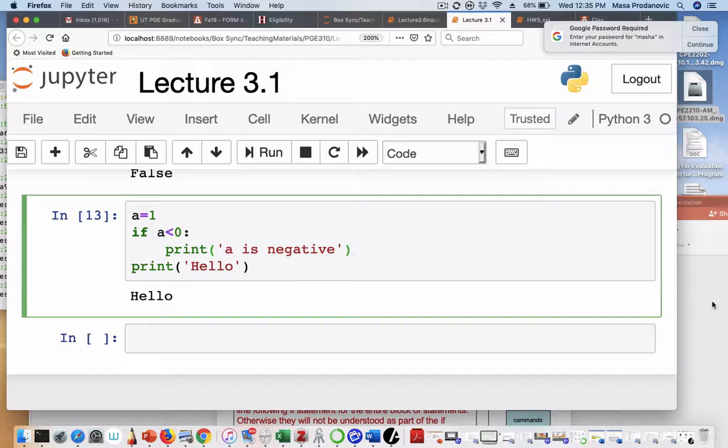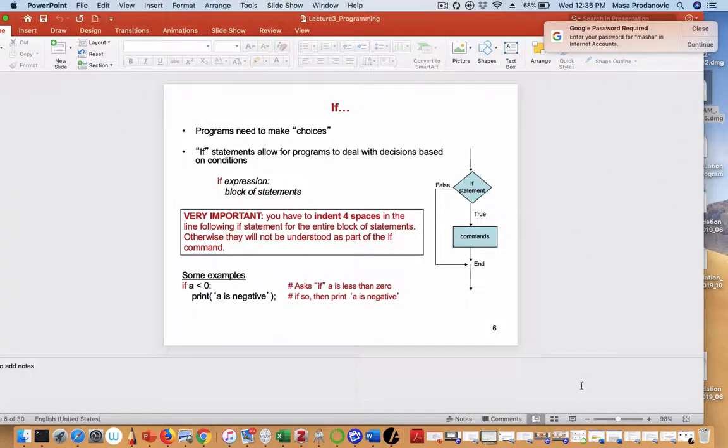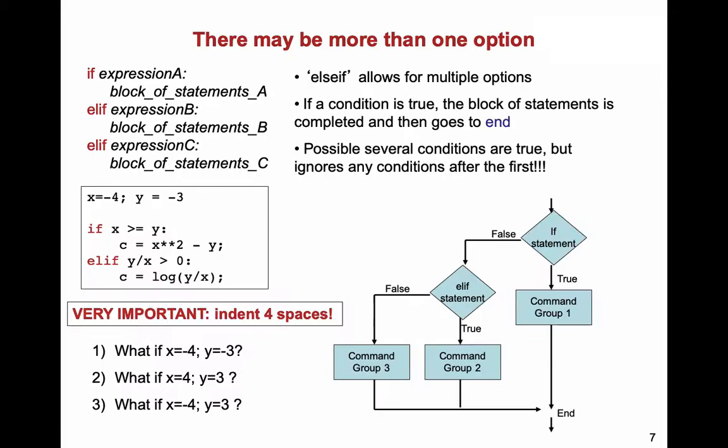Now, I would like to do something else. If a is not negative or whatever, I want to have an if statement, but I would like some other cases, and I'm going to show you the structure first. Basically, if the statement is true, I'm going to execute a bunch of commands, and that's going to be the end. If the statement is false, nothing will happen if I just have one if statement.